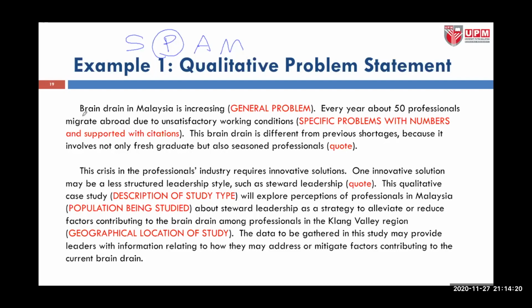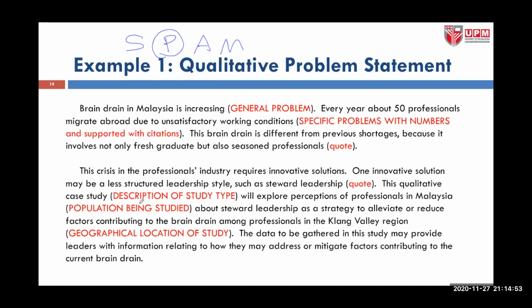So in the general title, in this particular case, maybe it is brain drain in Malaysia. That is the title of the study, and then the project title, a qualitative study on the brain drain of professionals in Klang Valley. So you may have those sentences as the project title. For a paper title, it is more specific, maybe.